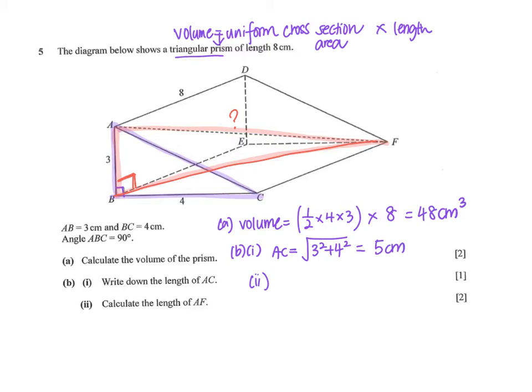Now let's take a look. BF is on which rectangle? BF is on the rectangle BCFE. So if there is a rectangle with a 90 degree angle over here, I have my length at this side to be 8 cm.